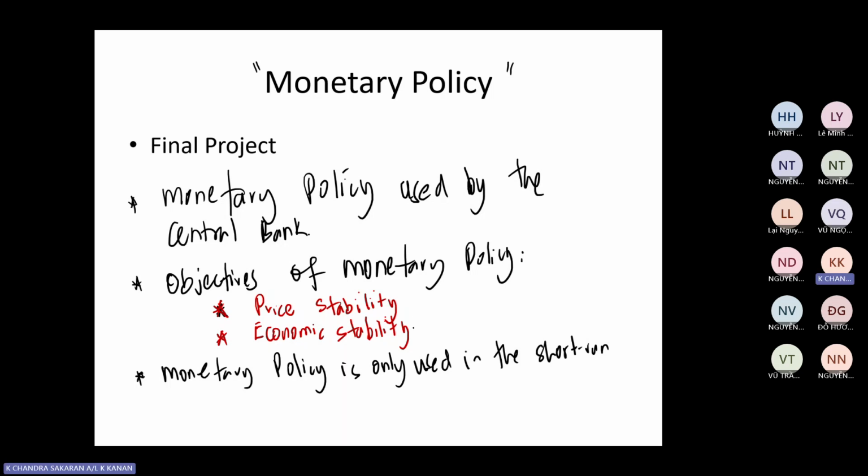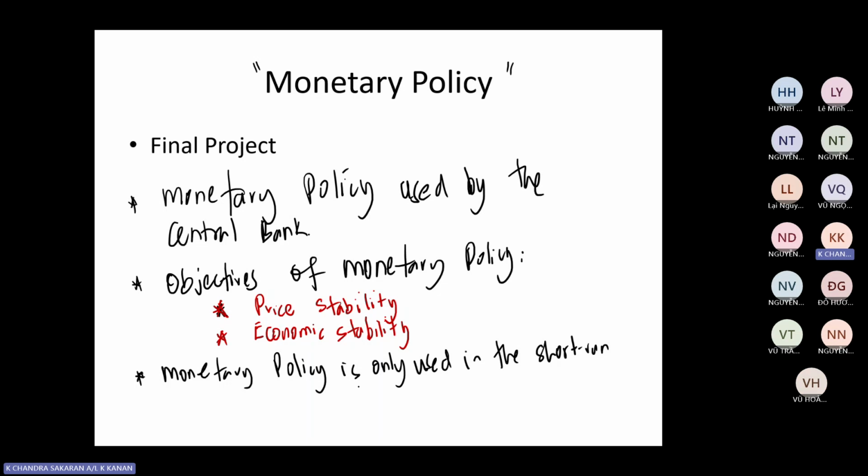Because this economic instability all happens in the short run. Economic instability is because of the business cycle, and the business cycle changes in the short run. When there is high inflation because of too much demand, or when there is very low demand, unemployment goes up. This all happens because of change in the business cycle, in the short run. So monetary policy is used in the short run.